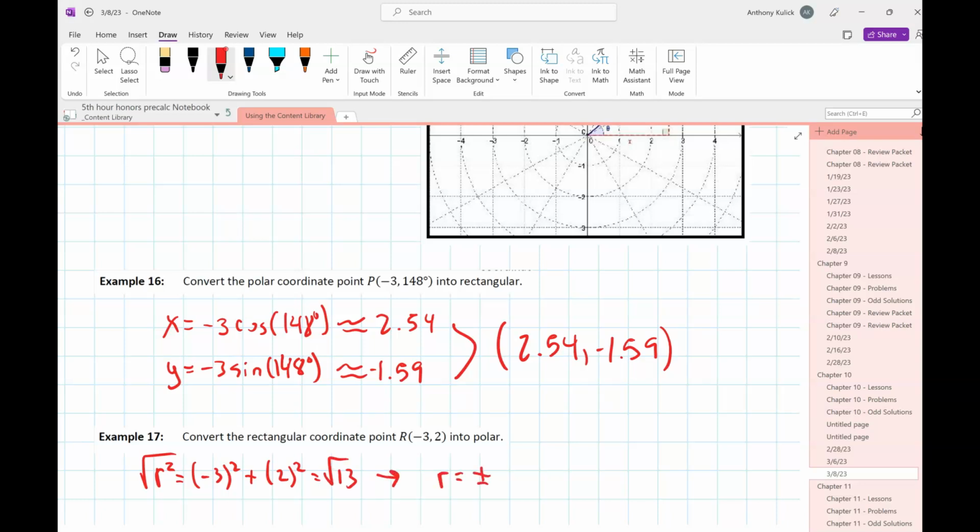So r is going to be plus or minus the square root of 13. Now, we have a choice here. Do you want to work with positive r's or negative r's? I would always use the positive ones. I think it's just going to make our life a little bit easier. So we're just going to choose to use the positive one.